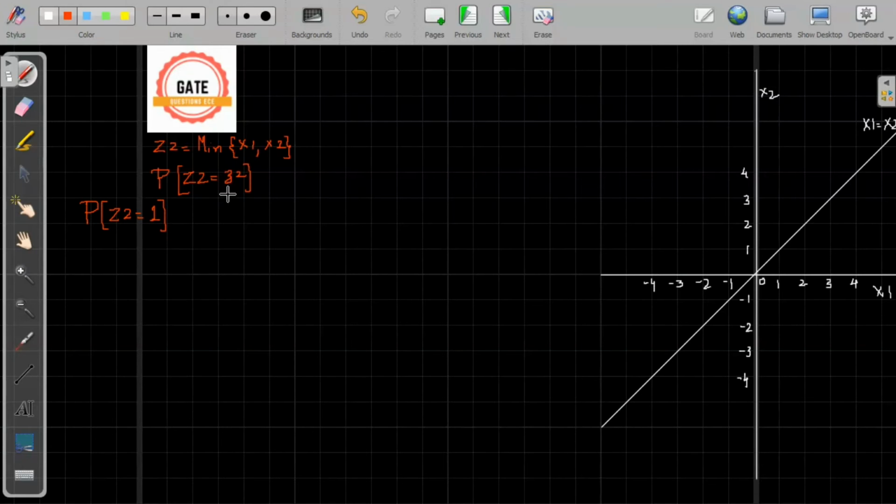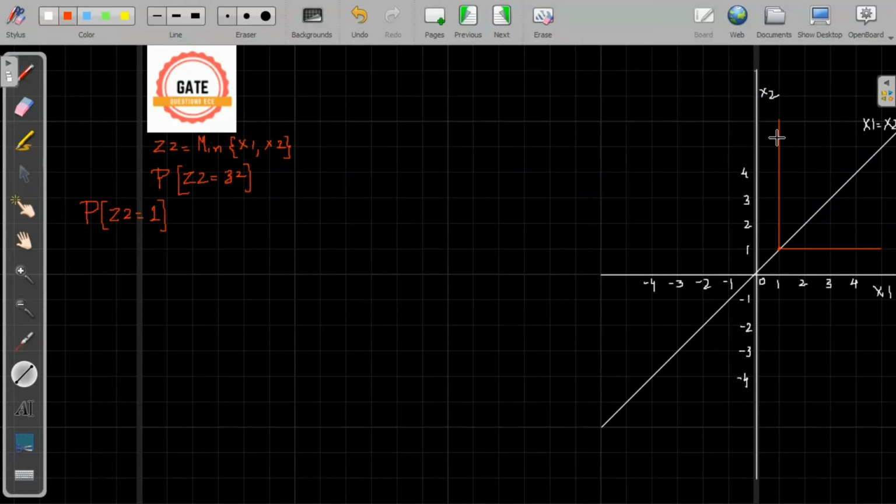Suppose small z2 is 1. For that case, let's plot the boundary here, the boundary condition. So for that case, we know the boundary will have a corner at point P, which is 1, 1. So the 1, 1 point is this. This is the 1, 1 point.